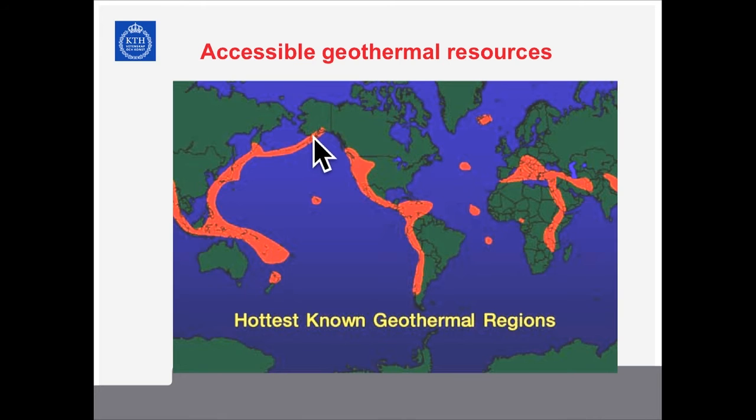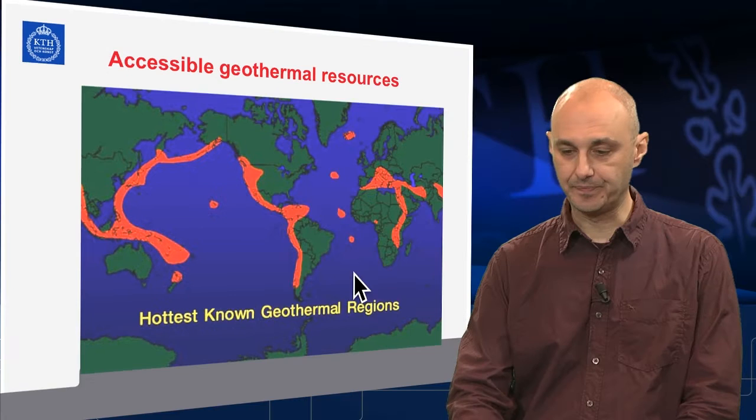The trenches, subduction zones all around the Pacific Ocean, the Mid-Atlantic ridge, and again the pressure zones between Africa, Europe, the Rift Valley in Africa, and the northern part of the Indian Peninsula.